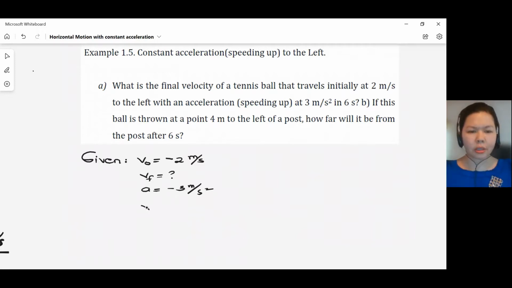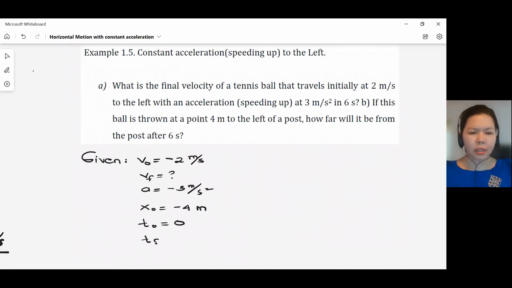X naught equals negative 4 meters. Negative 4 meters because again to the left. The T initial is 0. Actually, in all our calculations in this horizontal motion with constant acceleration as derived, the T initial is 0.